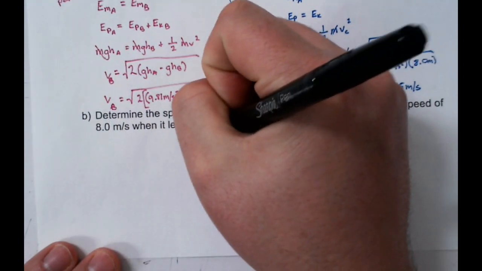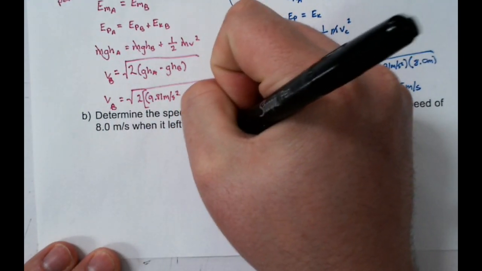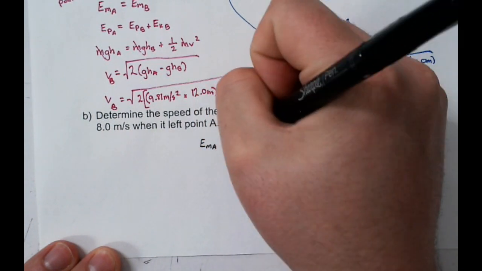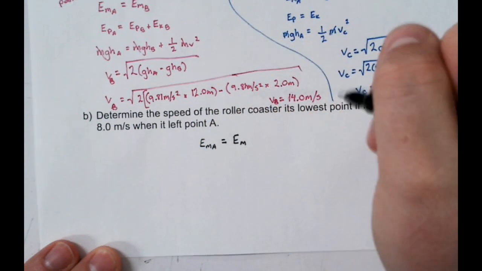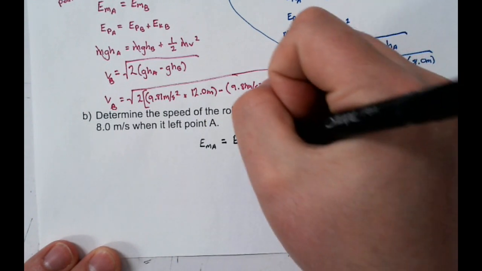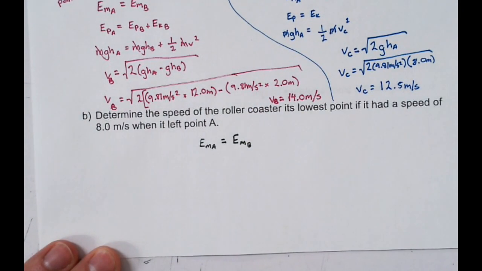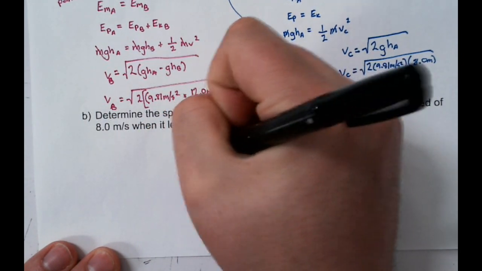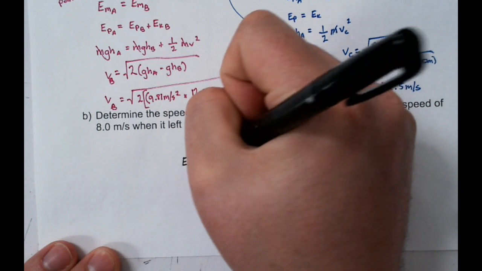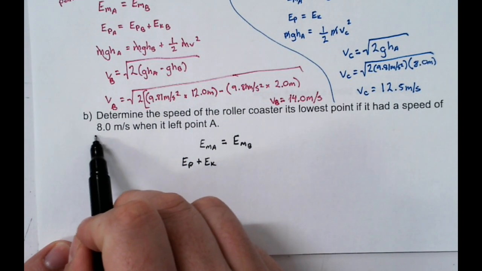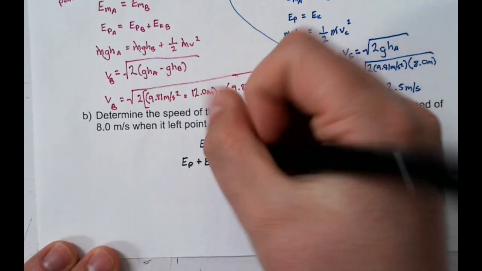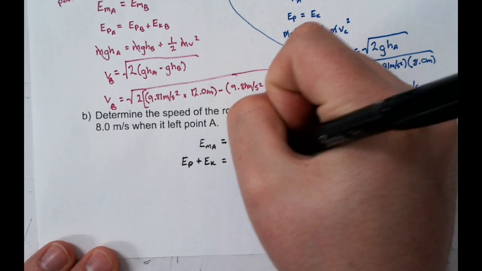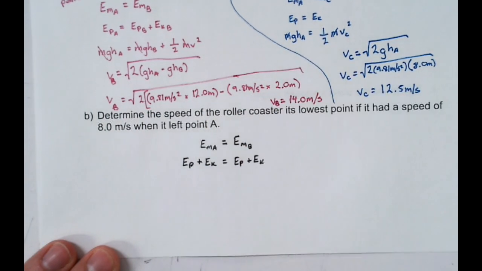So your mechanical energy at point A is going to be equal to your mechanical energy at its lowest point, which we labeled point B. So you're going to have potential energy and kinetic energy, because now you have an initial speed, is equal to the potential energy plus the kinetic energy.